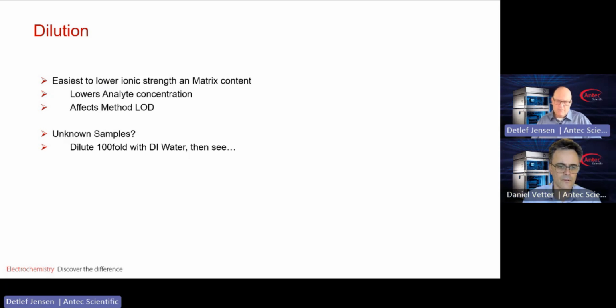Now, does that mean that we have any issues with dilution? No. If you look at the next bullet point, that's something that I learned very early on in my career. Whenever unknown samples come in, a very wise man told me to dilute the sample 100-fold, then inject and see what the outcome is, because that chromatogram would tell me which steps to take.